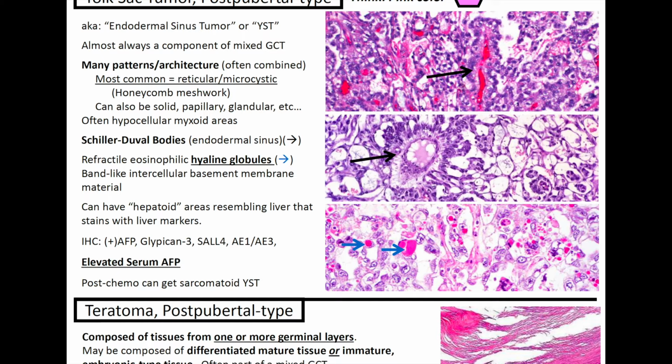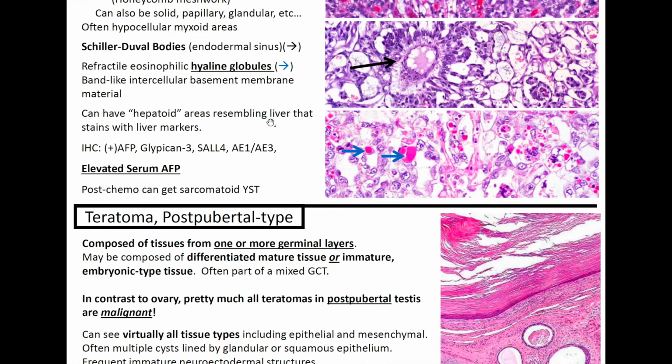So for IHC, yolk sac tumor is going to be positive for alpha-fetoprotein, glypican-3, SALL4, AE1/AE3, and unsurprisingly, you're also going to have an elevated serum AFP, alpha-fetoprotein. So post-chemo, you can get sarcomatoid yolk sac tumor as well, so good to be aware of that.